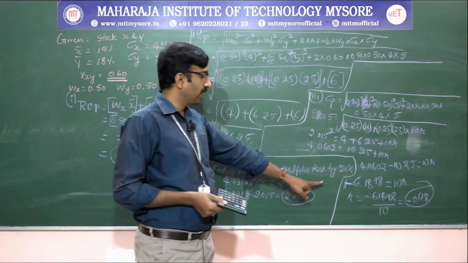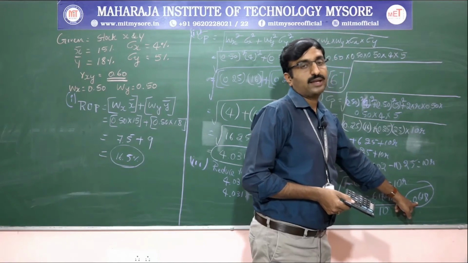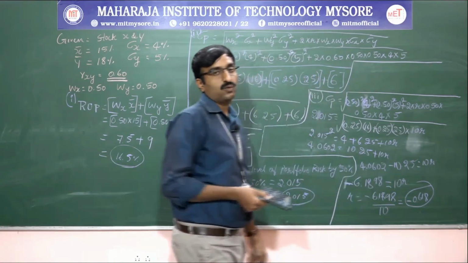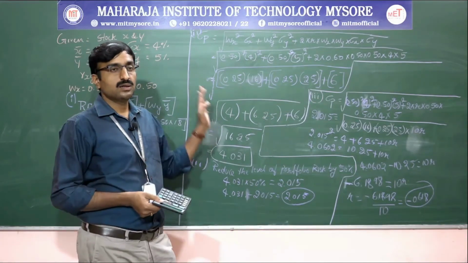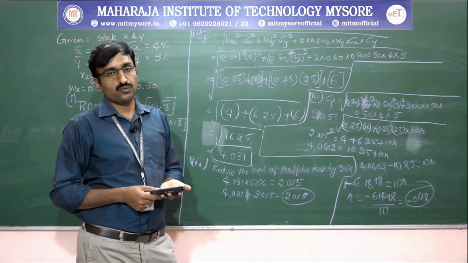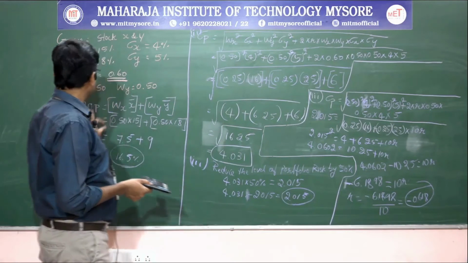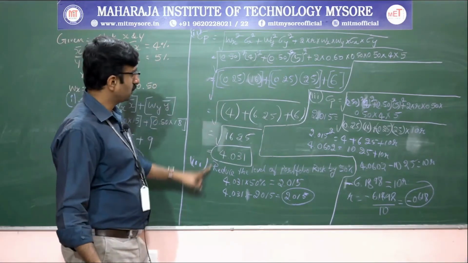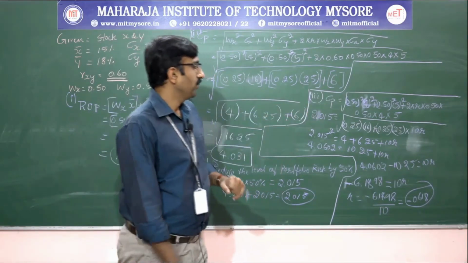How much you will get? You will get minus 0.618. This is how we are going to solve the problem on return on portfolio and risk on portfolio. Okay. So, first question answer, second question answer, and the third question answer. Continuation of this one we have done.